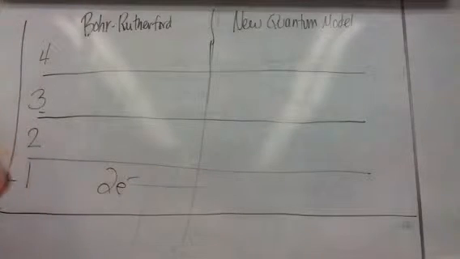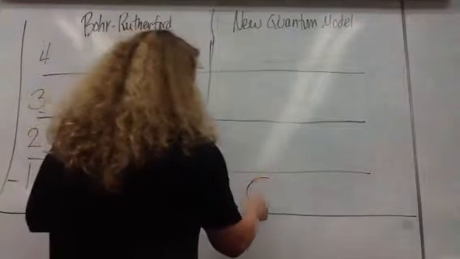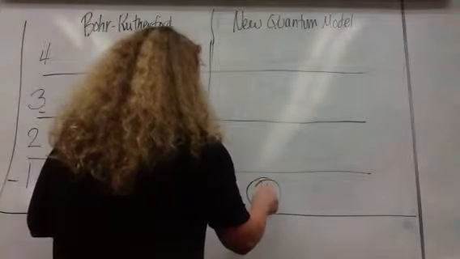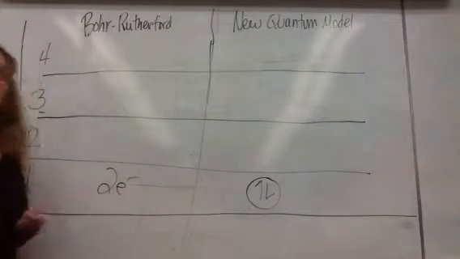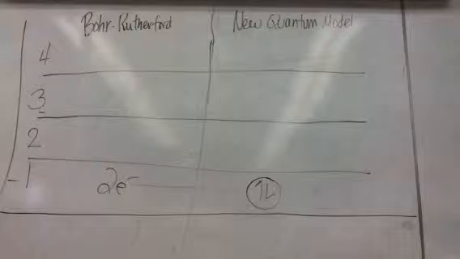In the new quantum model, we know it's got 2 electrons, but we know more than that. There's the s orbital. That s orbital has 1 electron spinning up, 1 electron designated as spin down. So we still know it's got 2 electrons, but we've got a lot more detail.